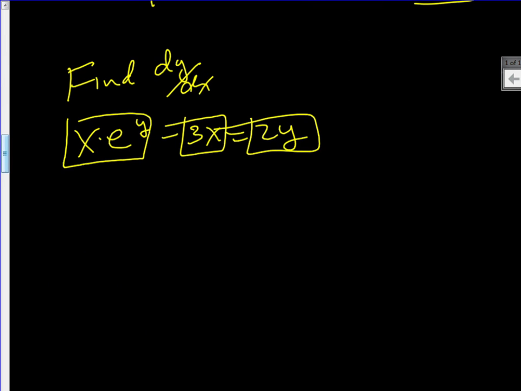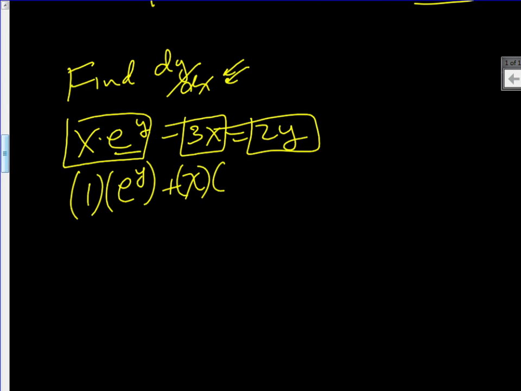But the first one is a product. Okay, we use the product rule with respect to x. The derivative of x with respect to x is 1 times the second plus the first times the derivative of the second. The derivative of e to the y with respect to y is e to the y times dy/dx.